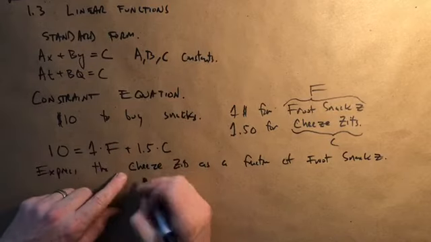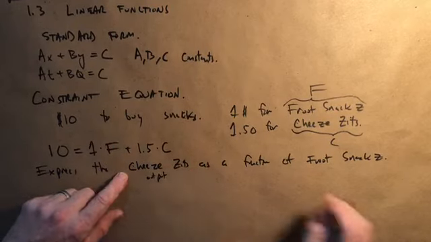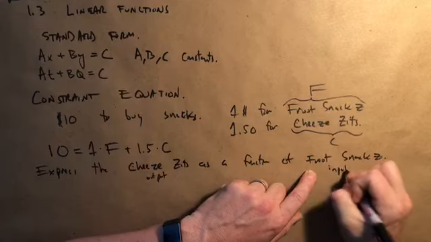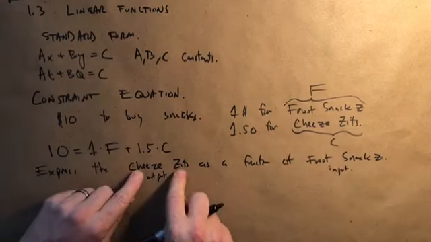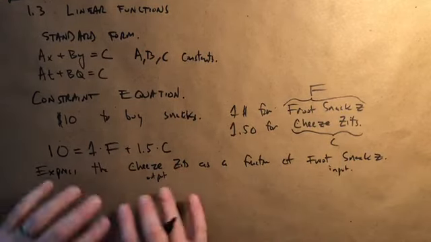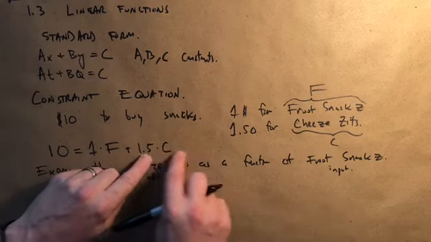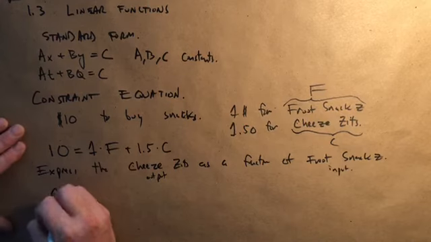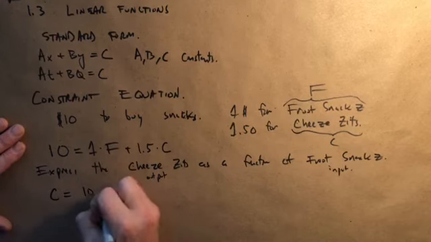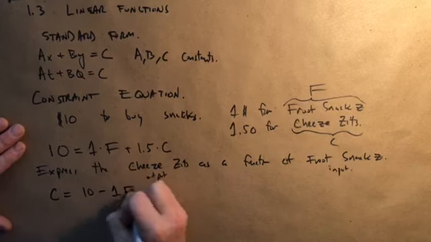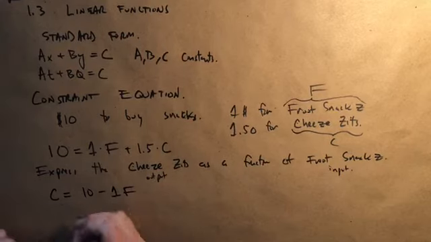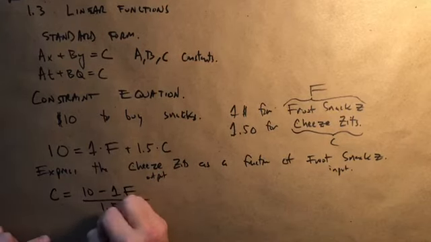I want this to be my output, this to be my input, which means I am going to solve for Cheez-Its, and then we should be done. So I'm going to subtract fruit, and I'm going to divide by this 1.5. And so C will equal 10 minus 1F, I'm just going to keep it like that for the time being, over 1.5.